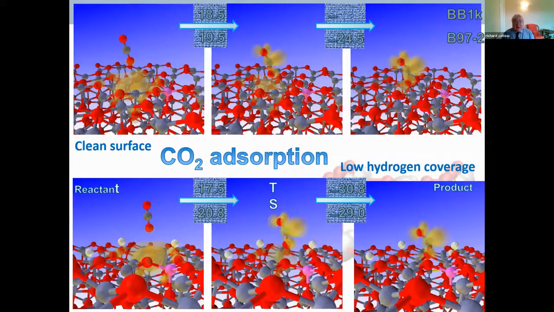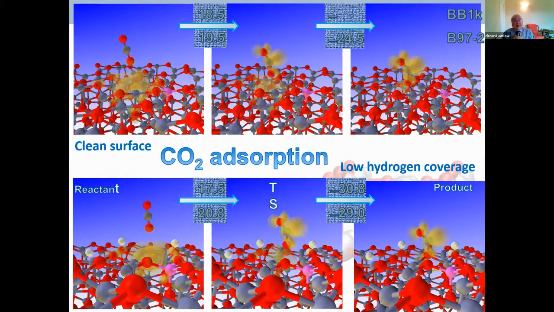Let me now just look at one of my favorites, and that's CO2 activation. Now, there's been a change here in the kind of color coding. We're looking at spin densities, and the yellow feature there is the spin density due to a trapped electron on the surface of zinc oxide.